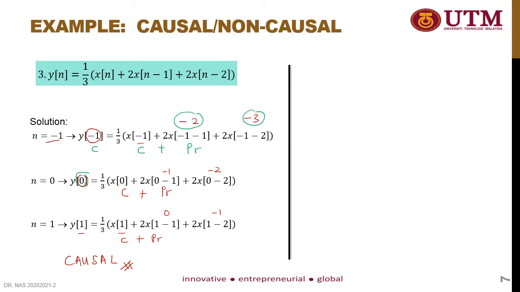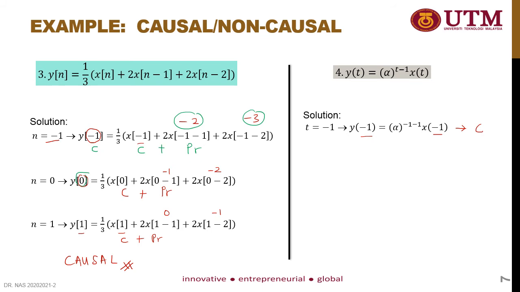Okay, look at another example given by this equation in a continuous time system. Again, try different t values. When t equal to -1, here is the current state -1, and your equation also -1. So you got only current state. Try t equal to 0.